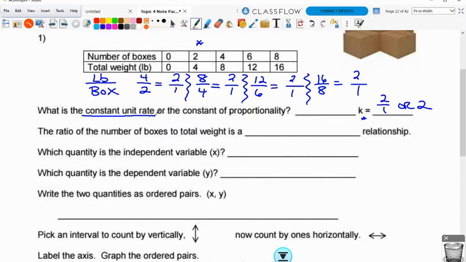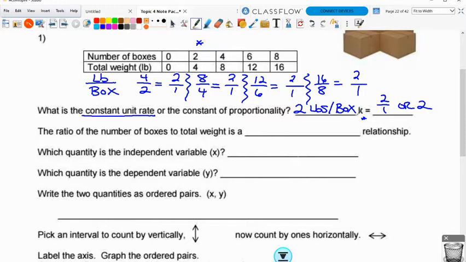The unit rate is going to tell us what 2/1 means. Remember that in the numerator, it was our pounds, and in the denominator, it was the boxes. So 2/1 means that it's 2 pounds per box. And that's what we're going to write here, 2 pounds per box. That is the unit rate.